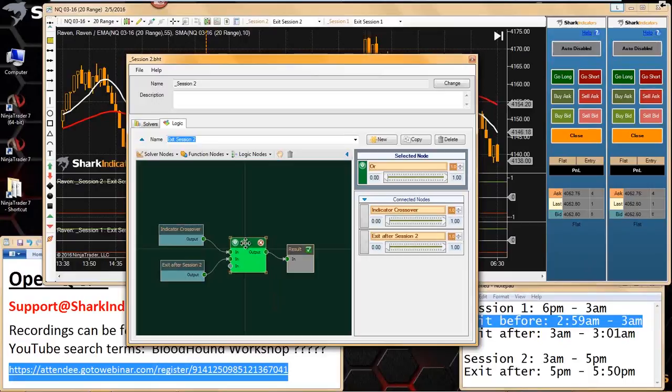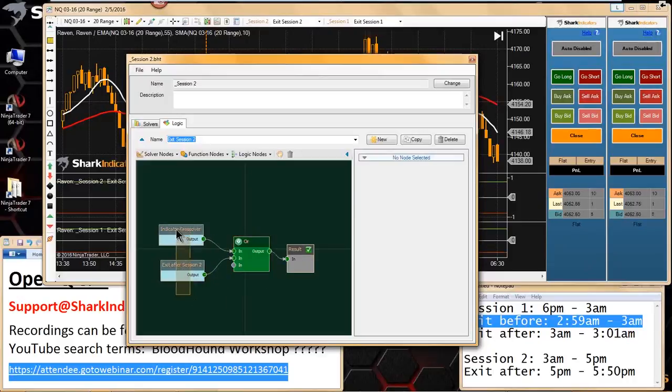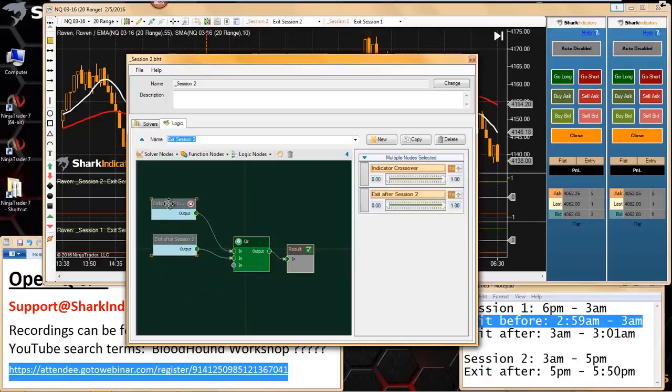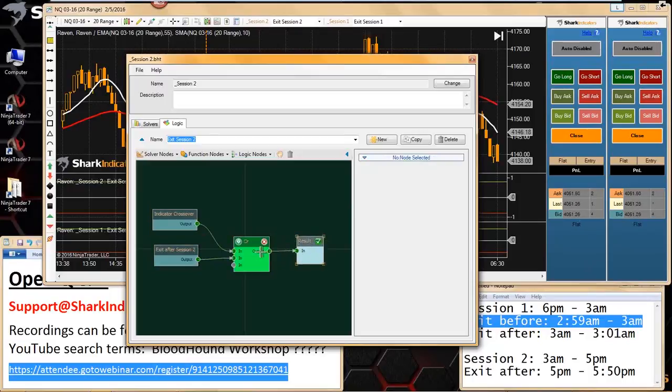So let me just mention, the OR node is just a pass through. That's all it does. The OR node allows everything connected into it to pass right through. It's a way of taking multiple solvers or conditions, multiple nodes, and all it does is combine them into one output.